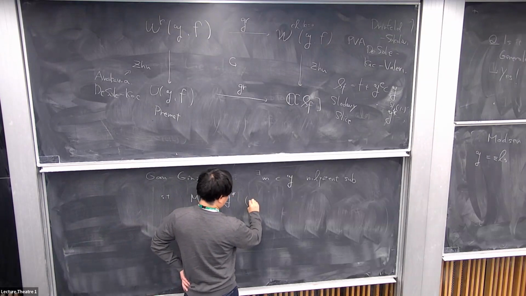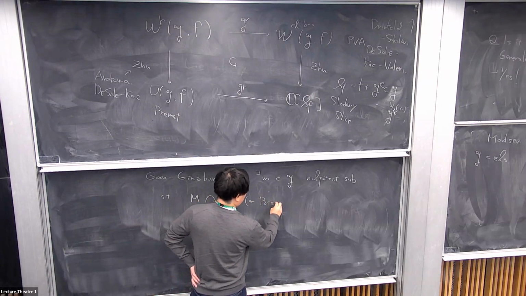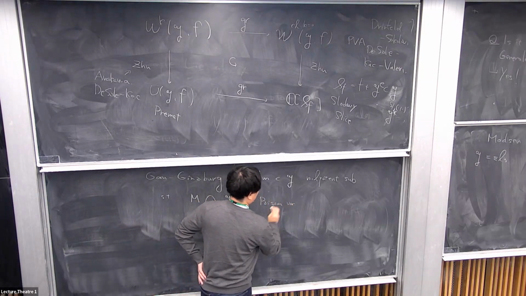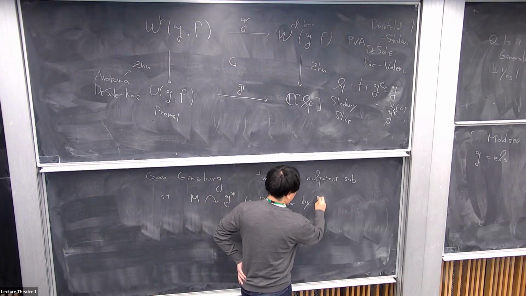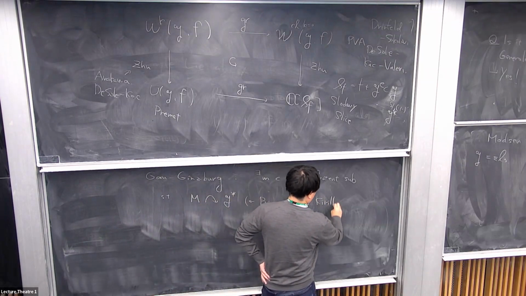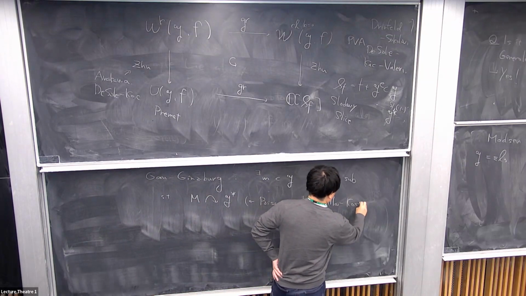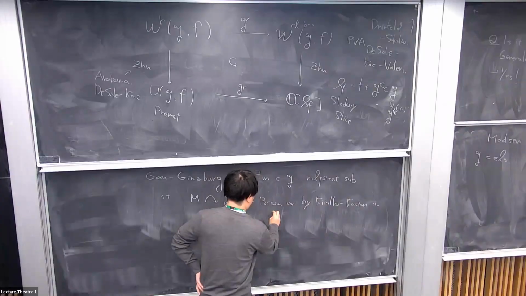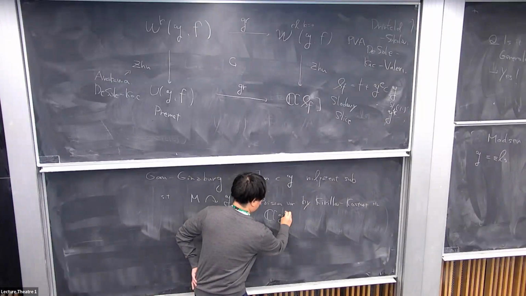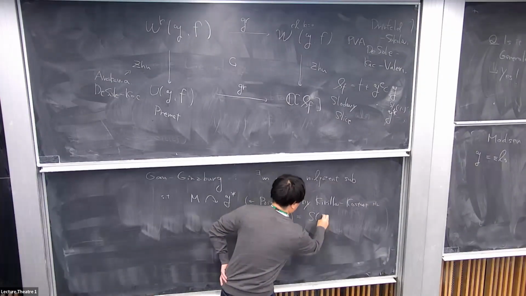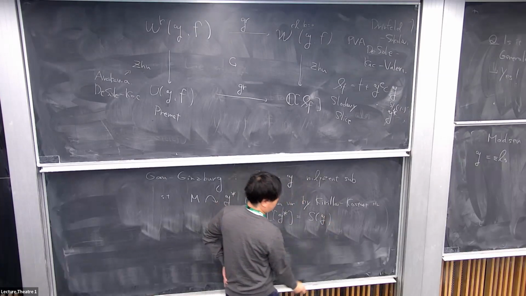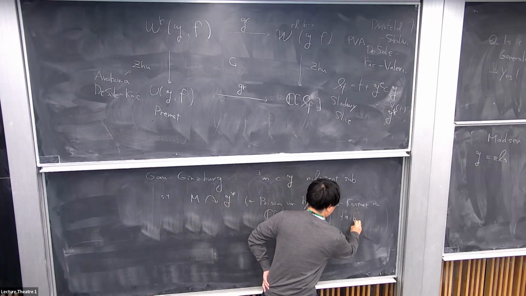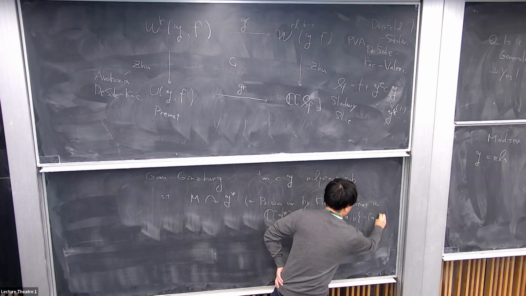We're thinking of this as a Poisson variety by the structure constants. And C[g star] is canonically isomorphic to the symmetric algebra, and the Poisson bracket is like the standard Lie bracket.